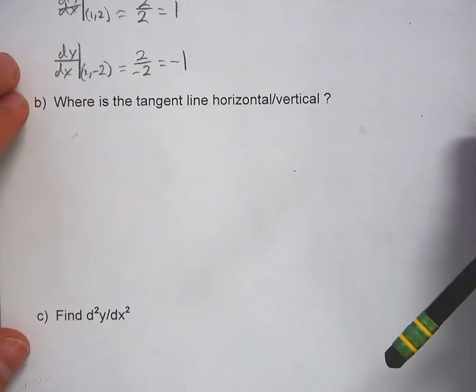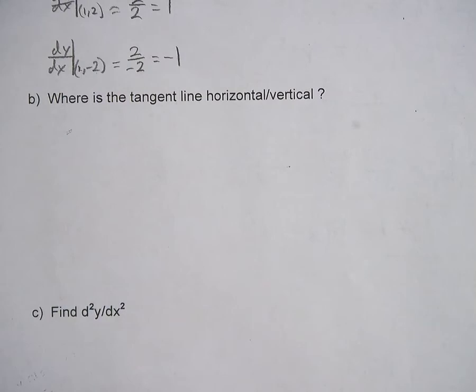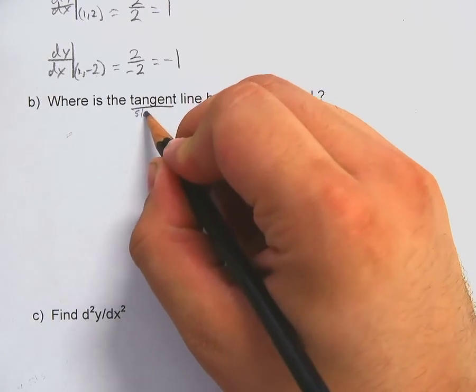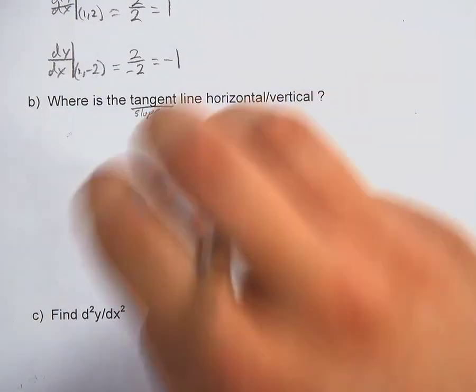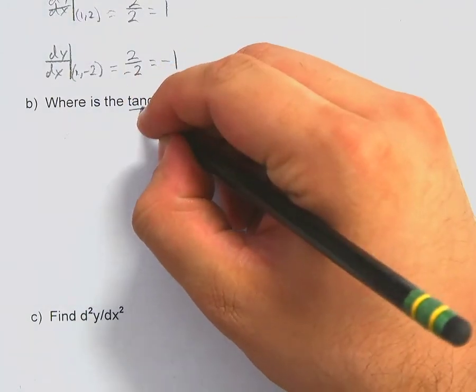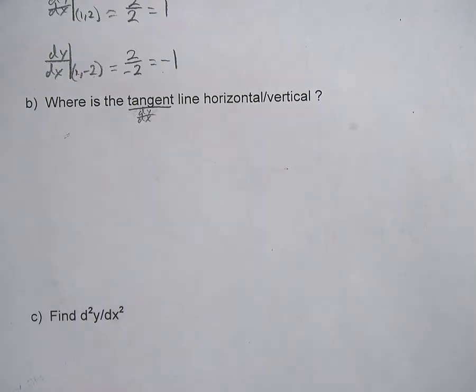All right, and then it says, where is the tangent line horizontal or vertical? Well, the tangent line is talking about the slope, right? Or excuse me, not the slope, but the derivative, dy/dx. So let's think about this here.